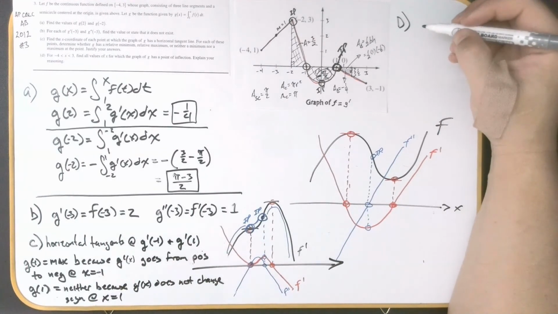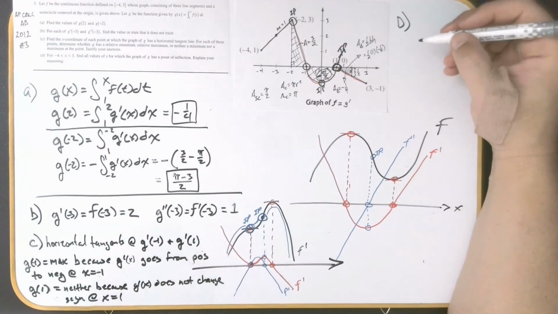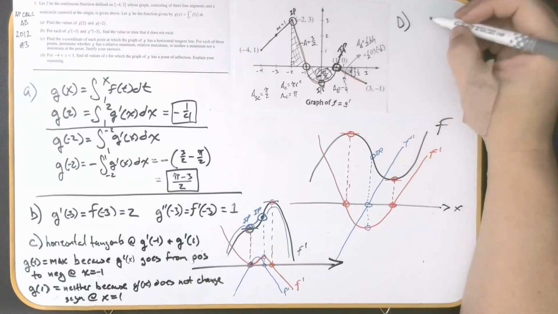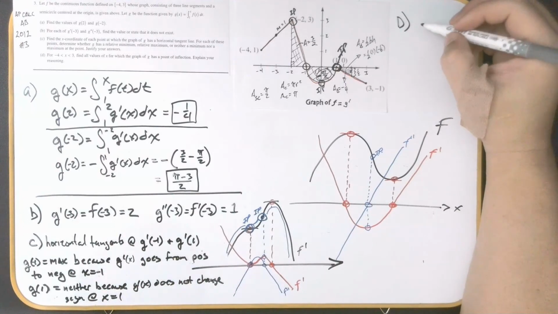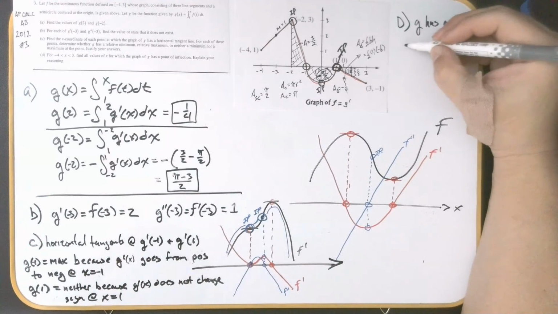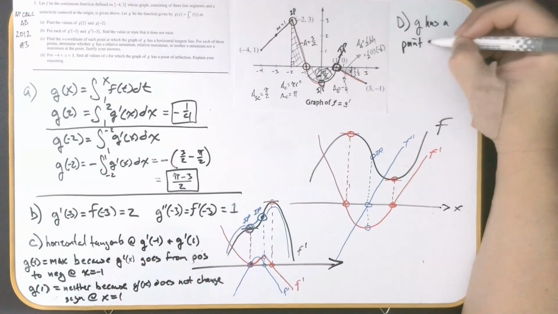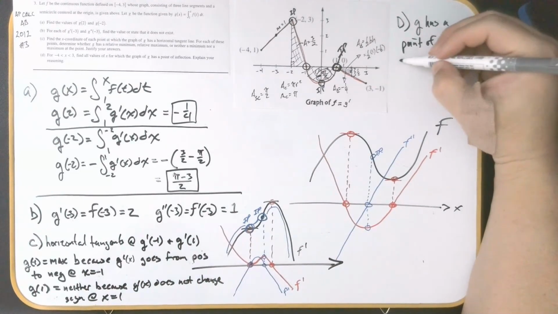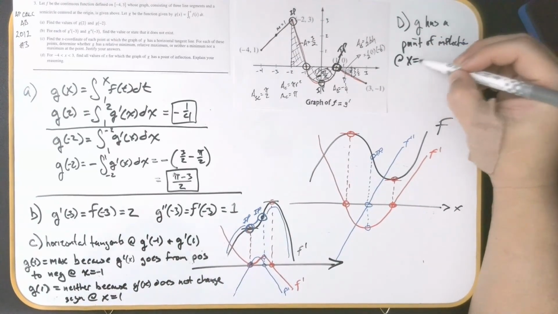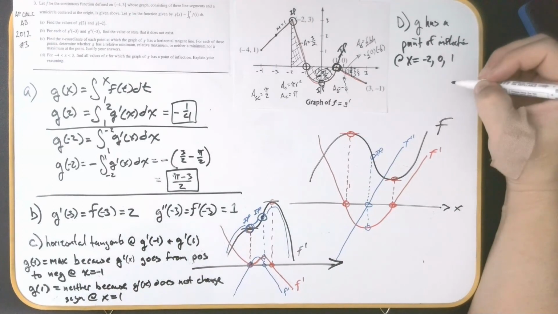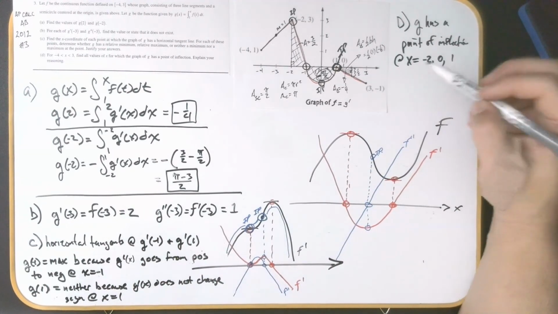It says, find all the values for which g has an inflection point, and then explain your answer. So even if you struggle with the explanation, you should be able to look at this and say g has a point of inflection at x equals, and we have 3 points. It is at -2. It's also happening at 0, and it's also happening at 1. We're going to explain our answer.